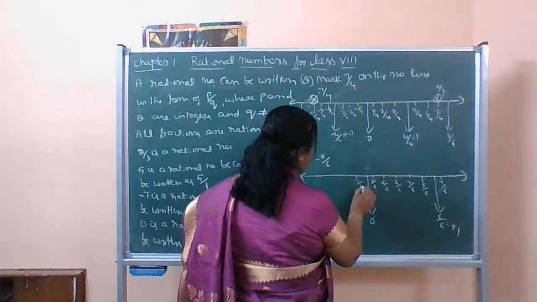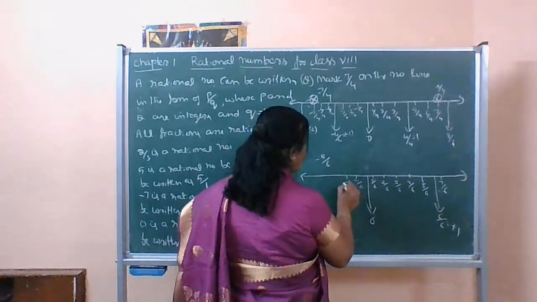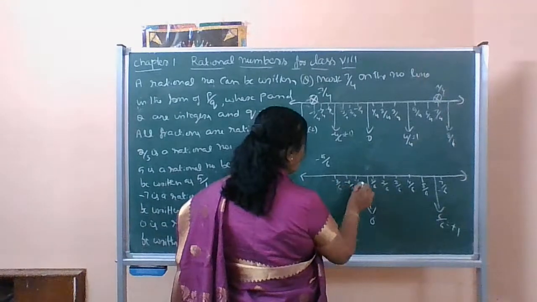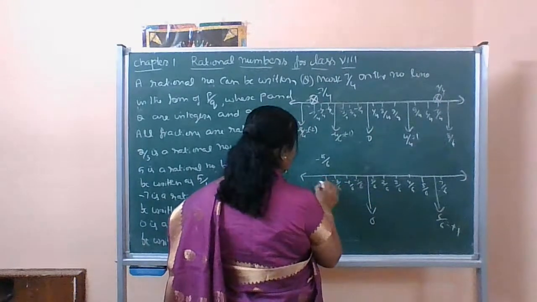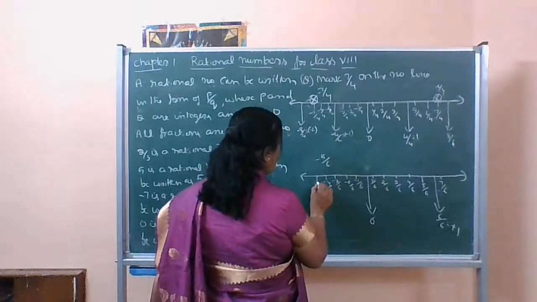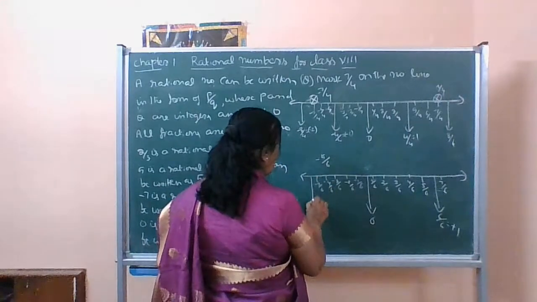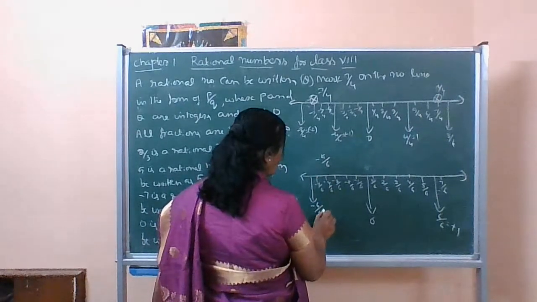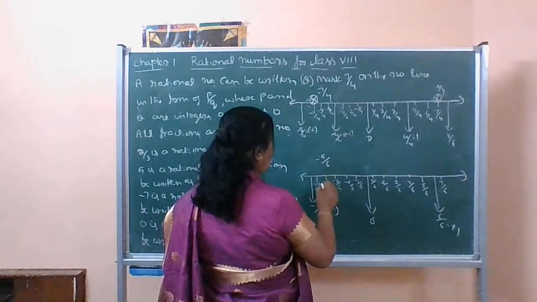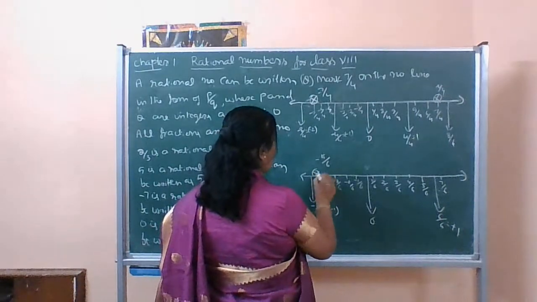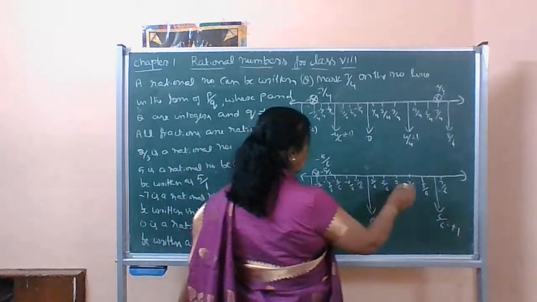Minus 1 by 6, minus 2 by 6, minus 3 by 6, minus 4 by 6, and here minus 5 by 6, and minus 6 by 6 is minus 1, and here you have to mark minus 5 by 6.